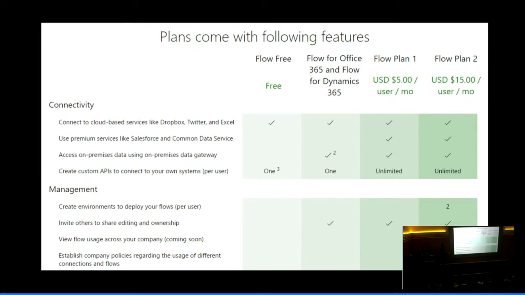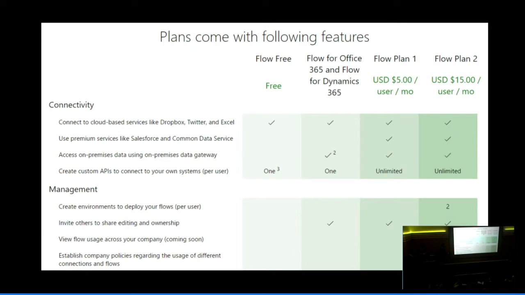Custom API: if you have a web service and want to create a custom API, as I did with the weather, it's only one for the free plan, one for Office 365, and unlimited for Plan 1 and Plan 2. Again, I don't like this. Environments are limited to Plan 2. At the moment, you have only 2 environments. I could create more, but that's because I come from a preview one.